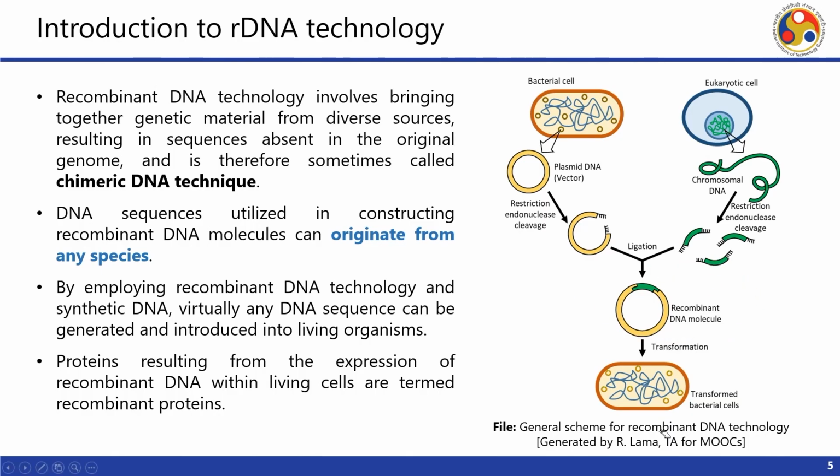Now this recombinant DNA molecule is sent inside a host cell, which is for example a bacterial cell, by the process of transformation, and then we get the transformed bacterial cell.